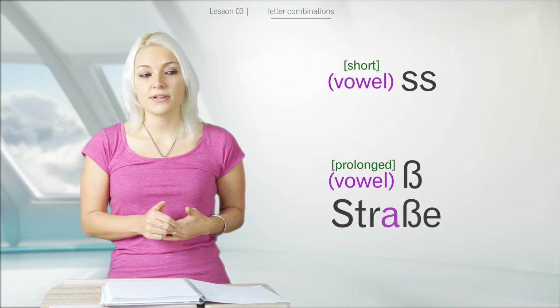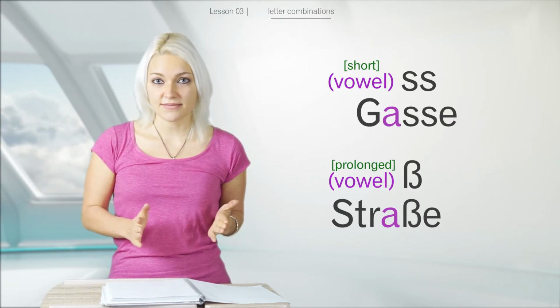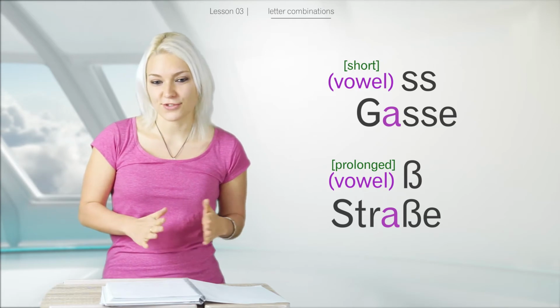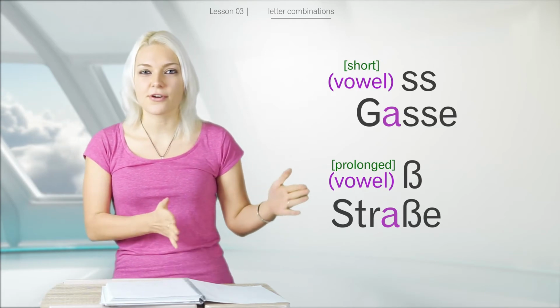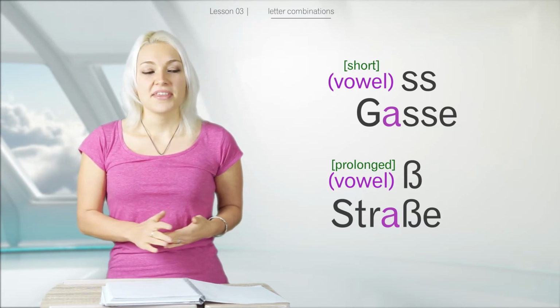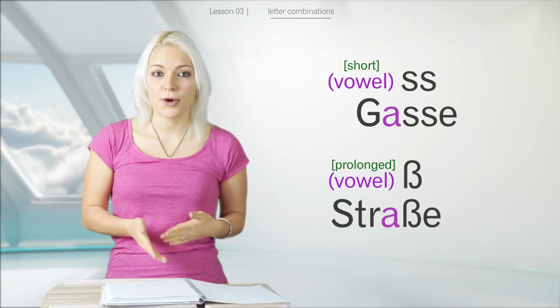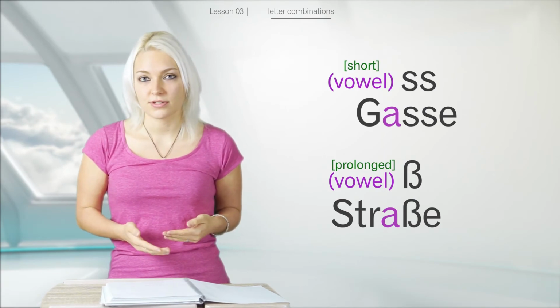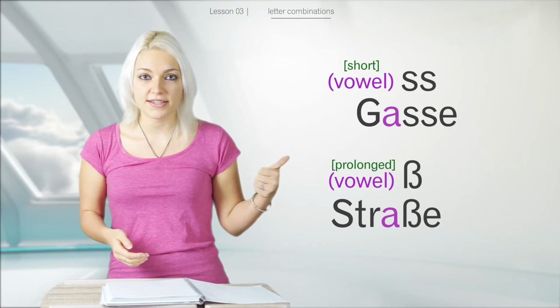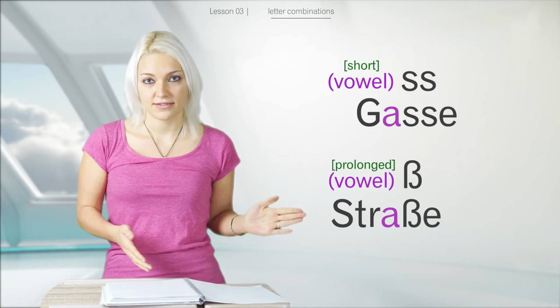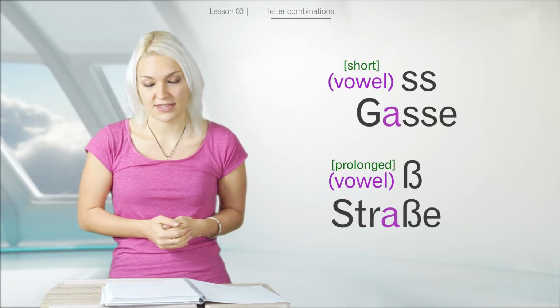For example, Gasse, which is also a sort of street, but narrower, smaller. In this case, we have a double S after the A, and that makes the whole A sound very short. So we have Straße versus Gasse. You can hear the difference there already.